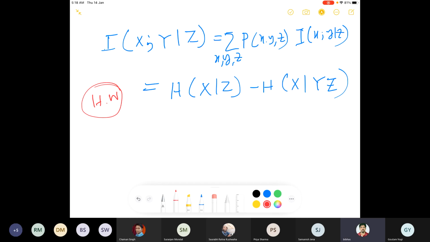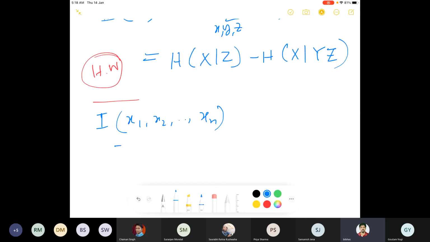Another homework is the following. This is for the n case. You have n random variables x1, x2, up to xn. What is I of x1, x2, xn? It is the self information of the tuple x1, x2, xn.